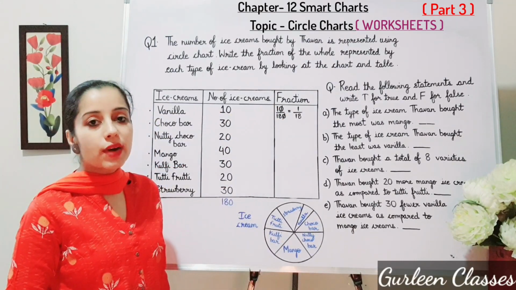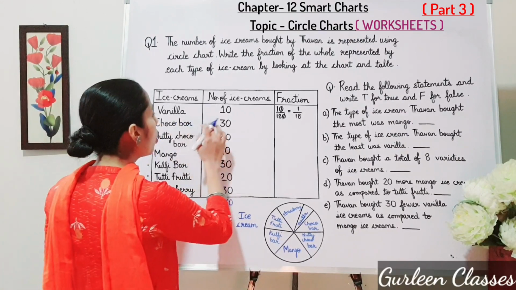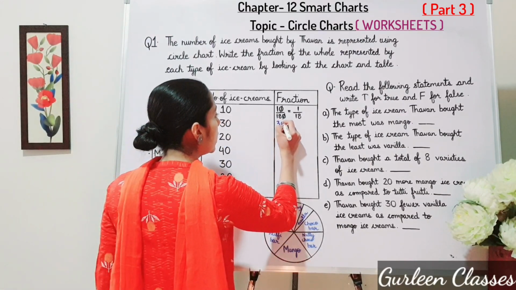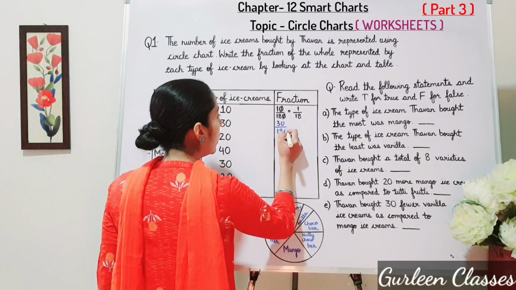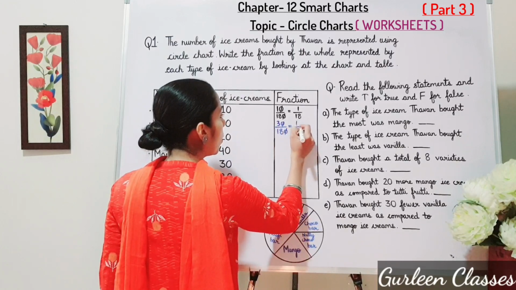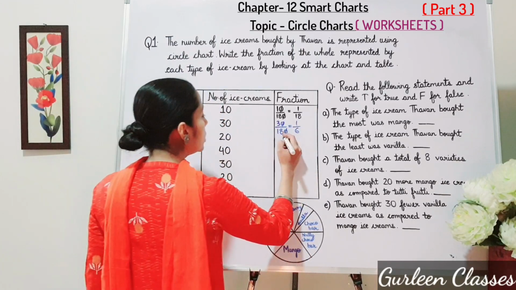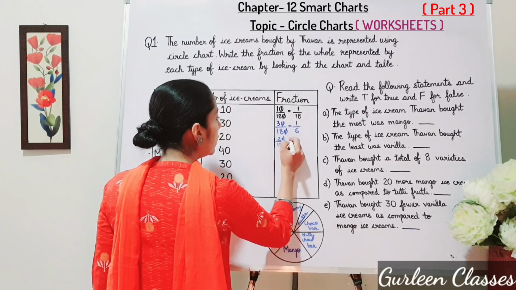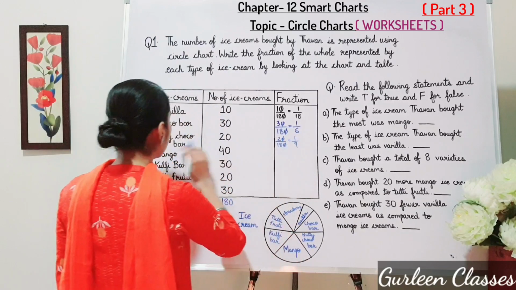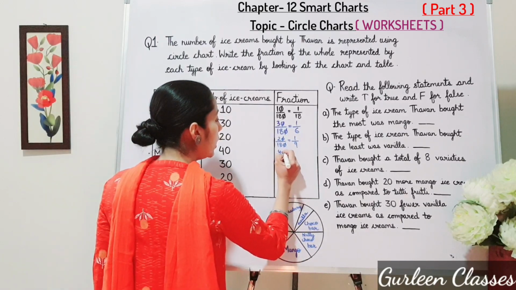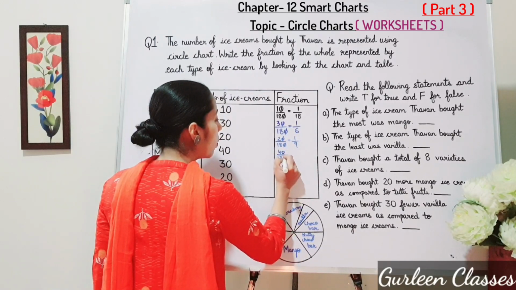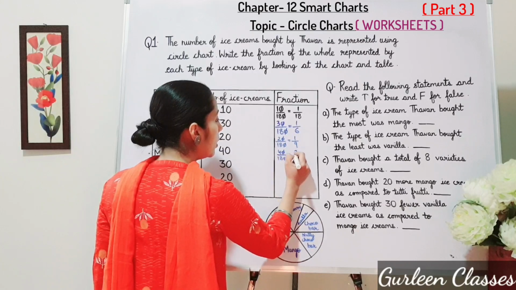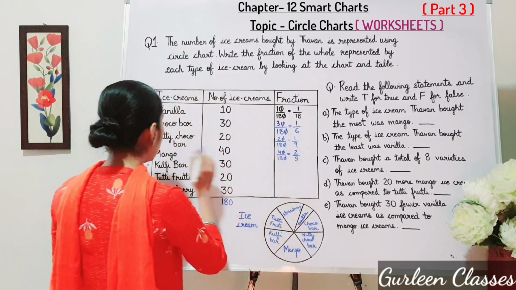So first let us find out the fractions. Choco bar are 30. So 30 upon 180, that is 1 upon 6. Nutty choco bar are 20 upon 180, it will be 1 upon 9. Mango ice creams are 40. 40 upon 180, 0, 0 cancel. 2 2s are 4, 2 9s are 18.